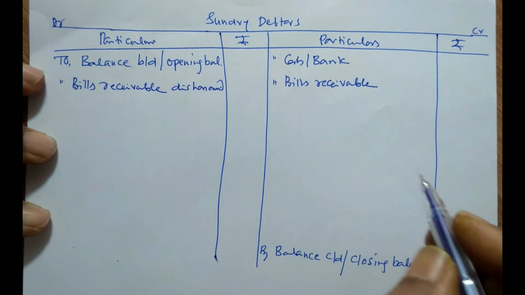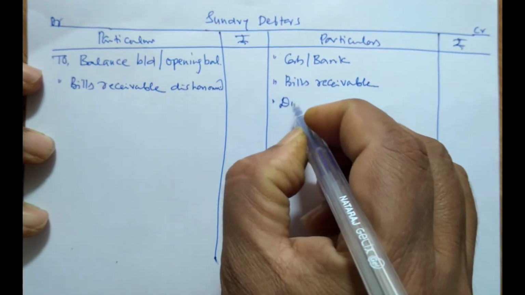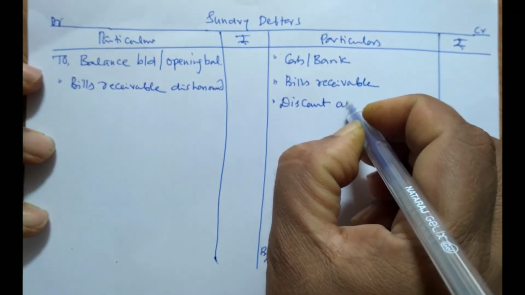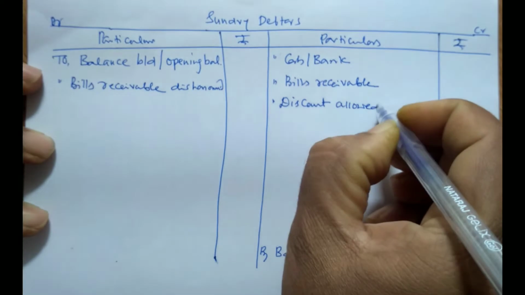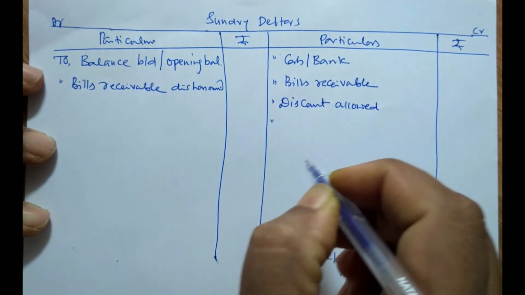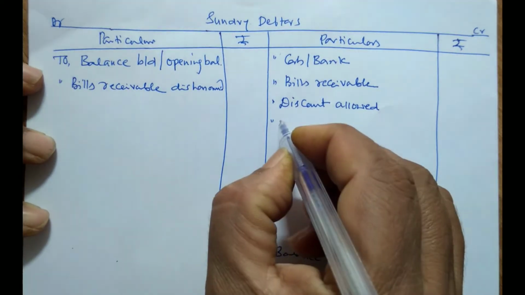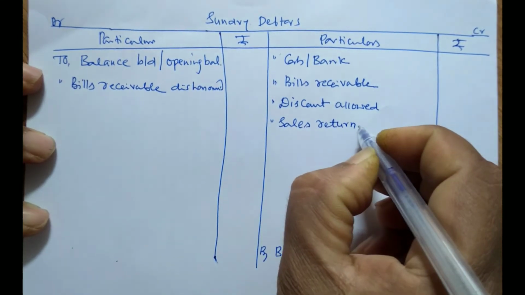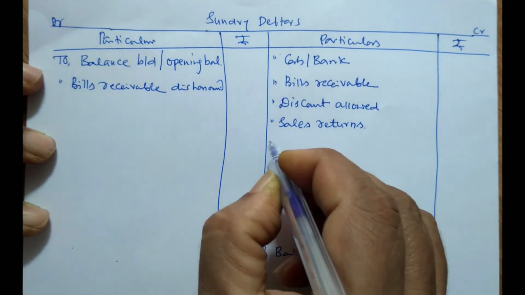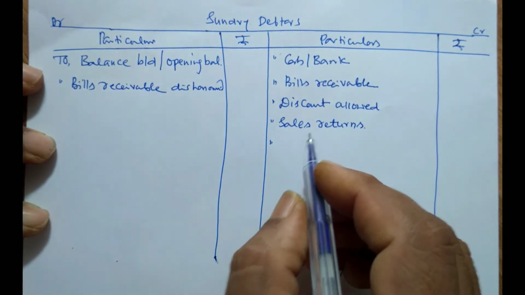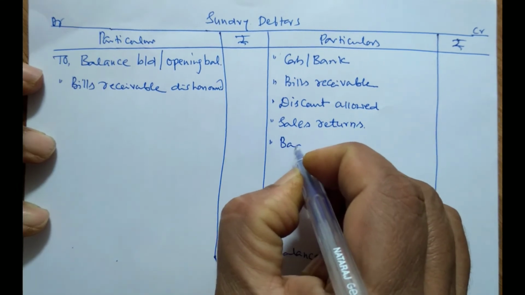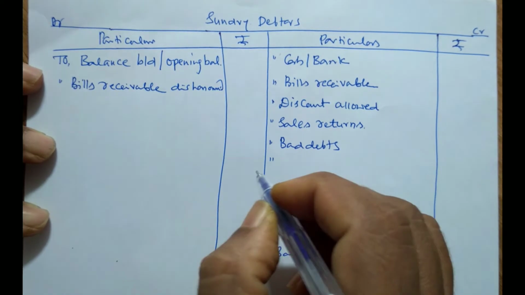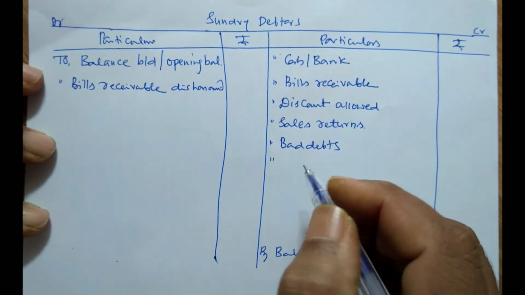And discount allowed to debtors must be credited to debtors account. Discount allowed is an expense to the business, whereas income to debtors. If there are sales returns, they must be credited to the debtors account. Apart from that, there may be bad debts, which should be credited to the debtors account.